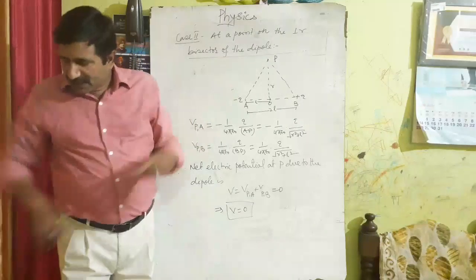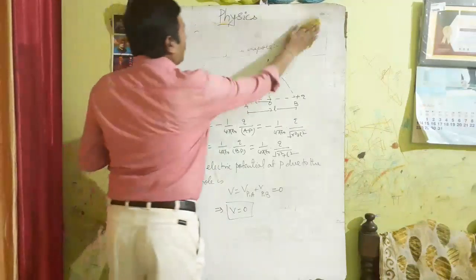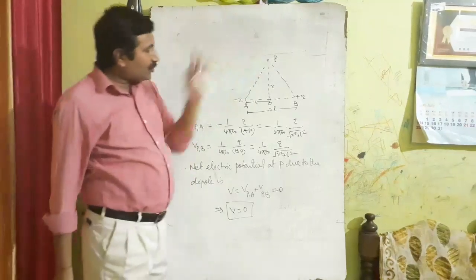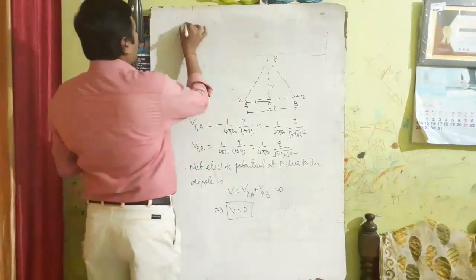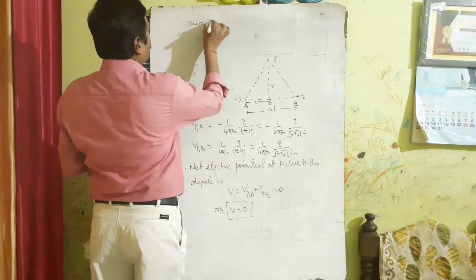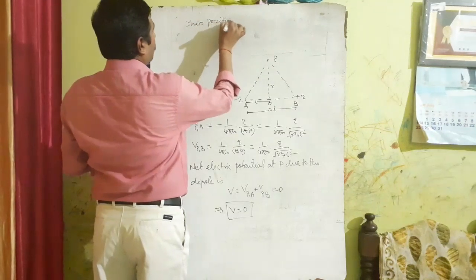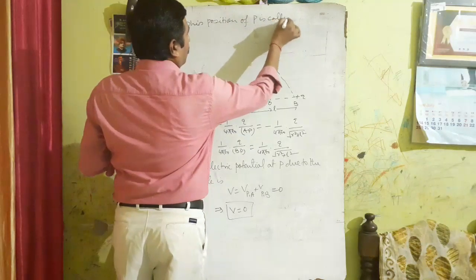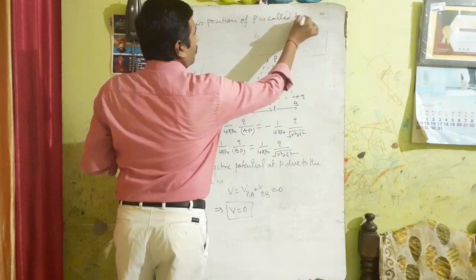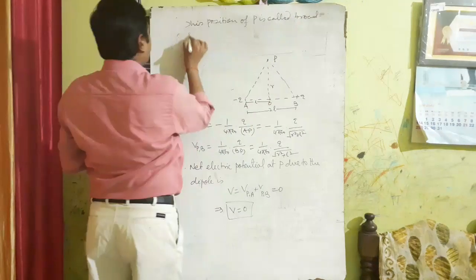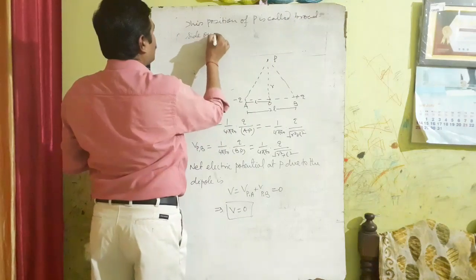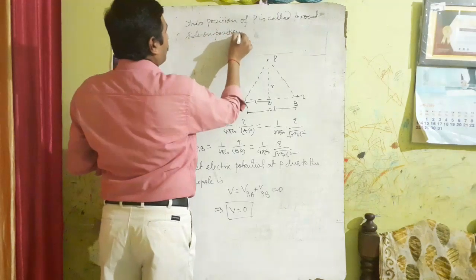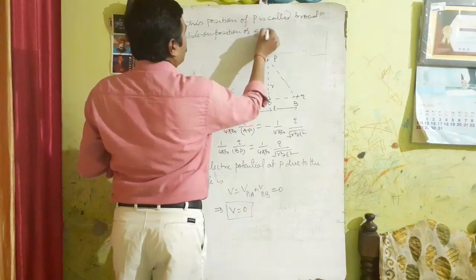Have you understood? Here you see the electric potential at the equatorial position is 0. This position of P is called broadside on position, or equatorial position.